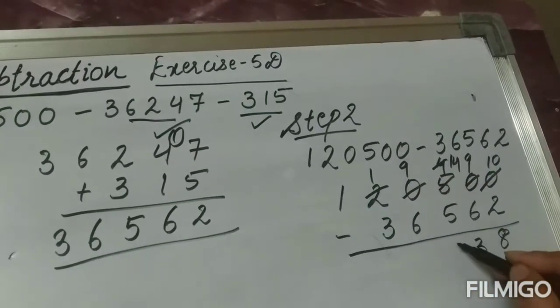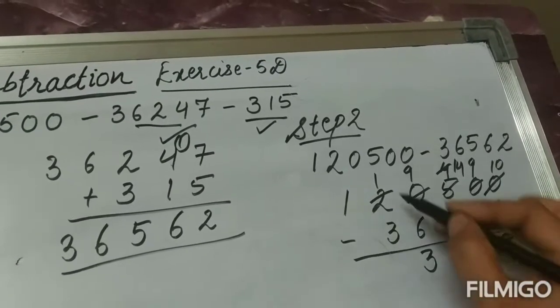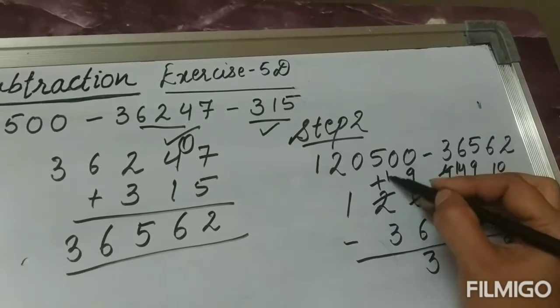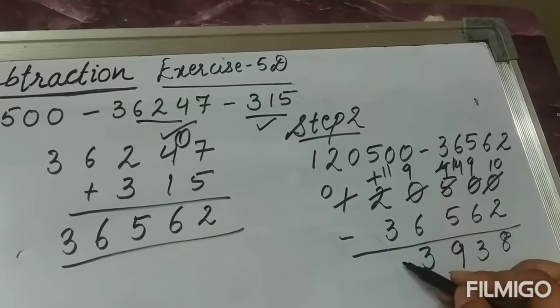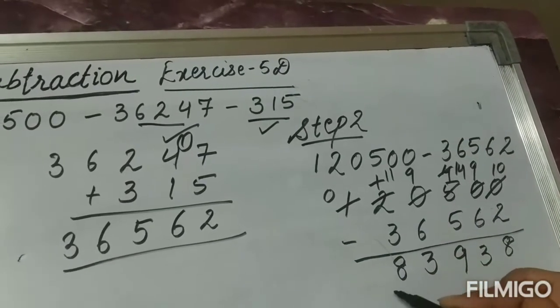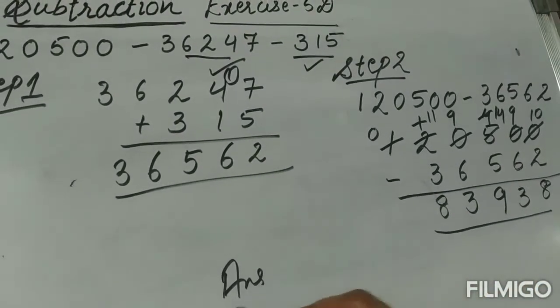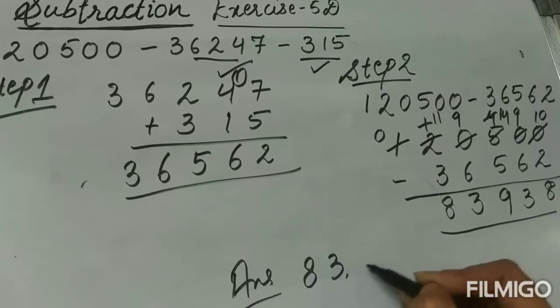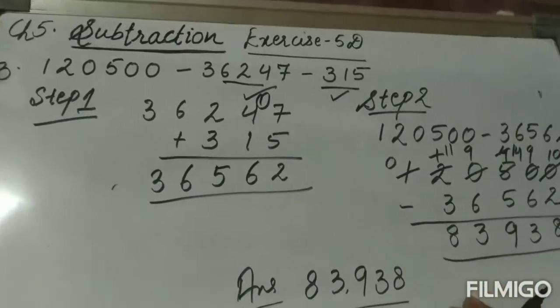And 14 minus 5 is 9, 9 minus 6 is 3, this 1 will become 11 and this will become 0. And 11 minus 3 is 8. So our answer is 83,938.